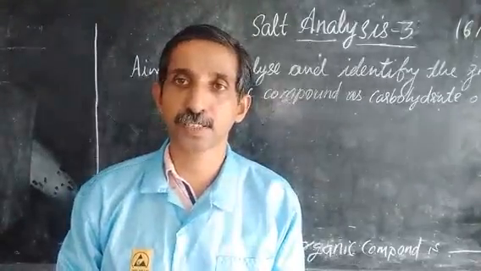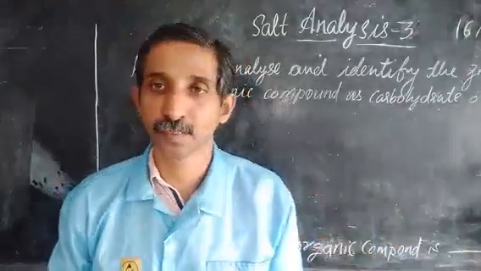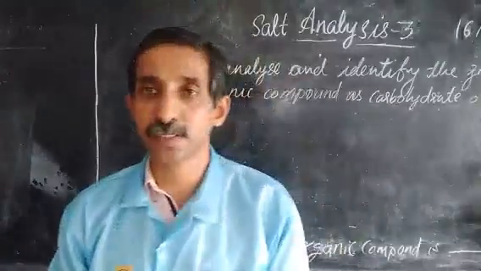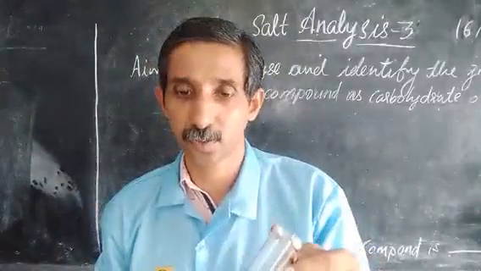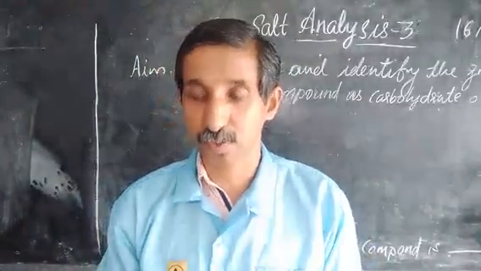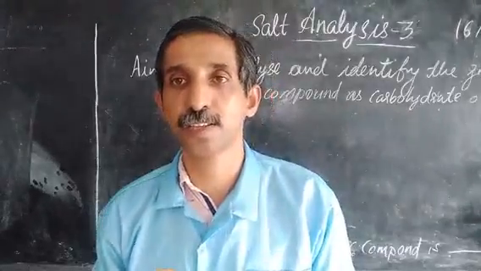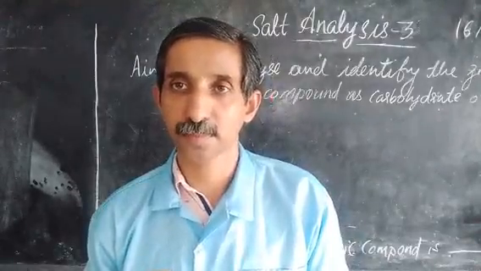Okay, proteins will not give a positive test for Tollens', okay, and carbohydrate gives a positive test for Tollens'. Okay, so by doing all these 5 tests, we have identified the given organic compound as carbohydrate.